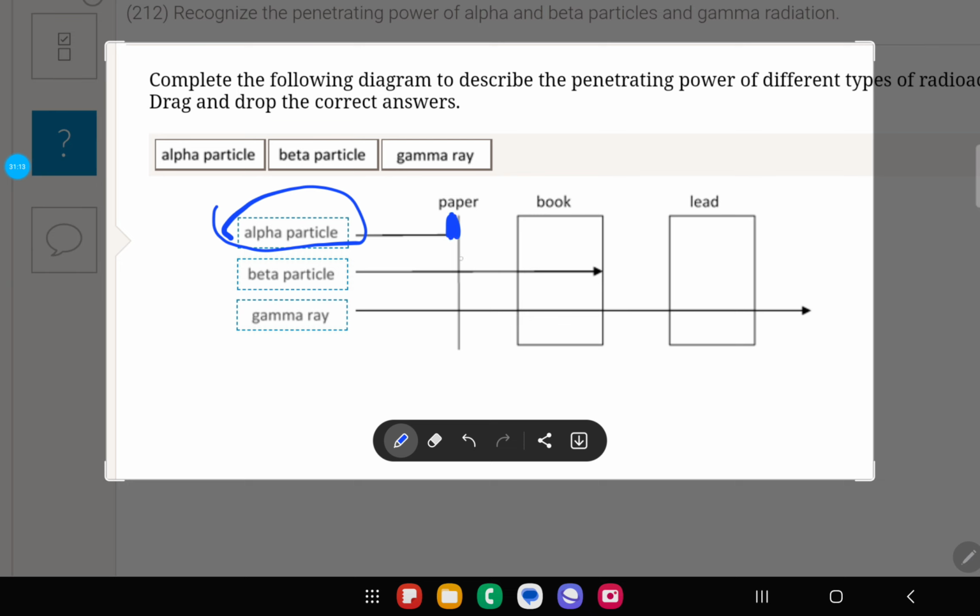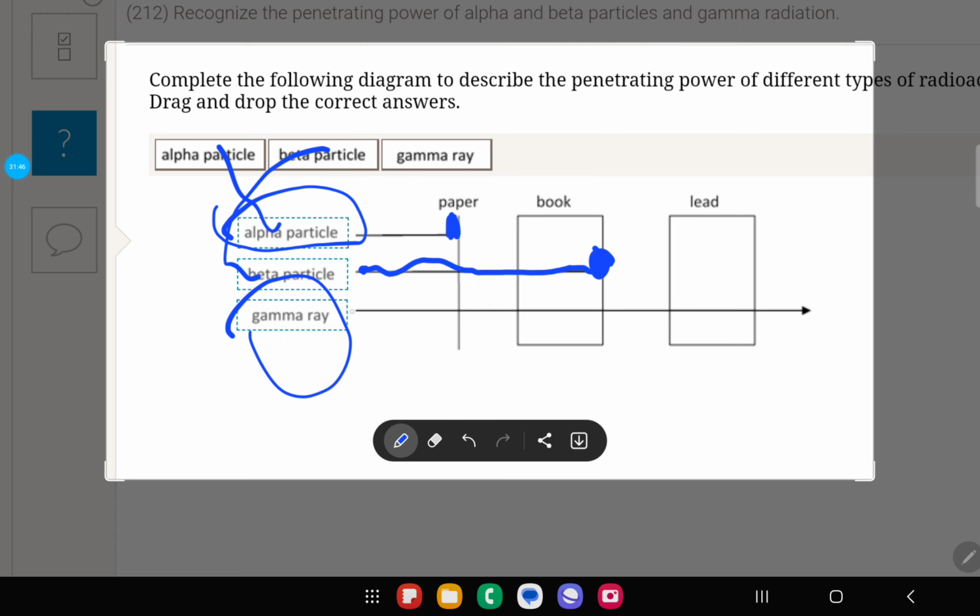Once it stops at something as thin as paper, we know immediately that it's alpha, because it's the worst at penetrating. Beta is basically in the middle, because it can penetrate some stuff, but it stops at a specific thickness. So it won't pass through the book and move on to lead. It can't.